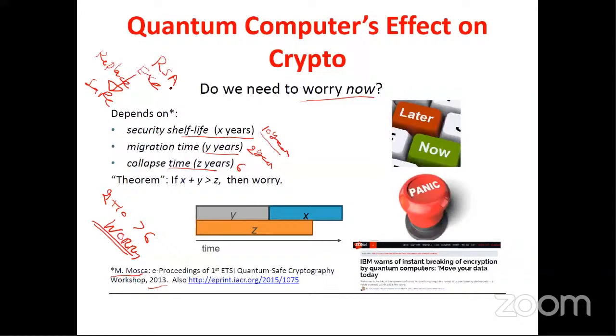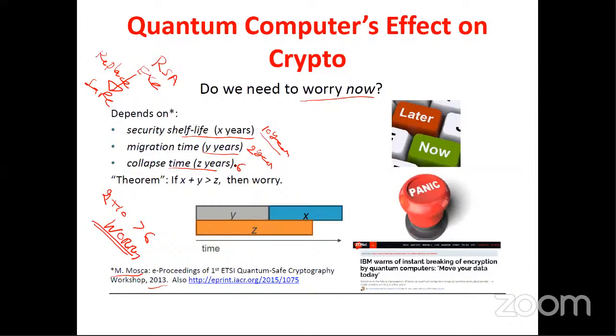Let's suppose we are using RSA 2048, and somebody can tap and store this information encrypted using RSA. But since he does not have the RSA key, he will not be able to decrypt it today. But after 6 years, let's suppose the adversary has this data and this quantum computer, then he can break it after 6 years.